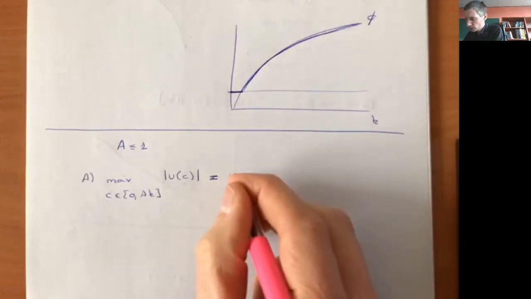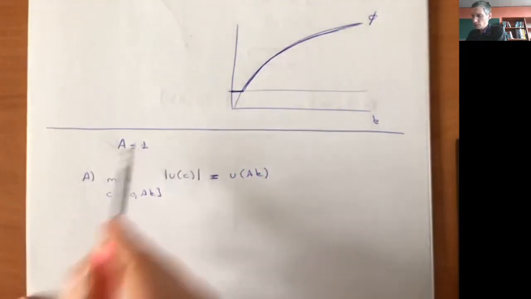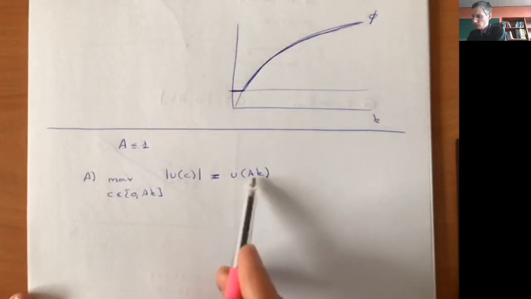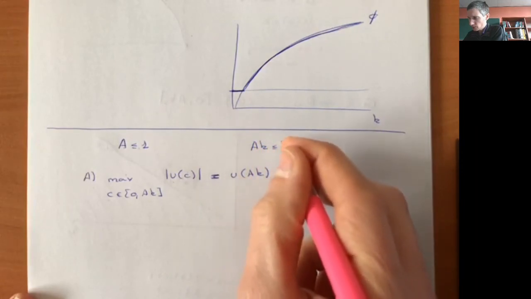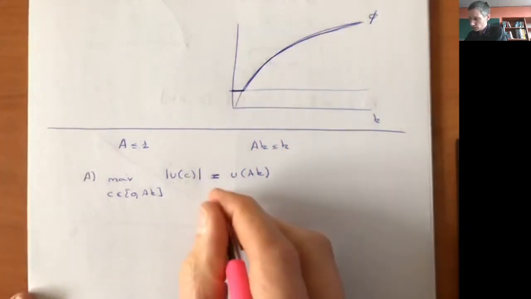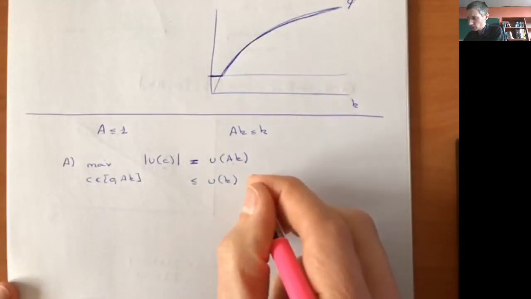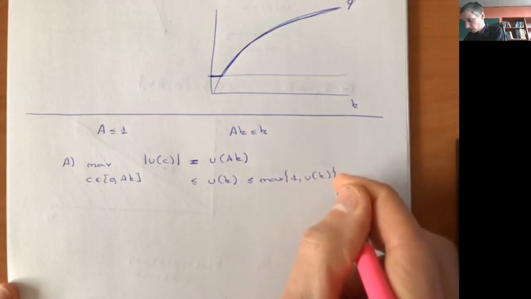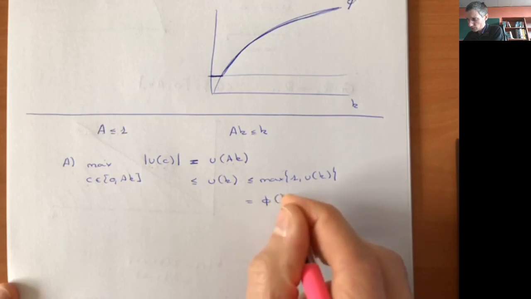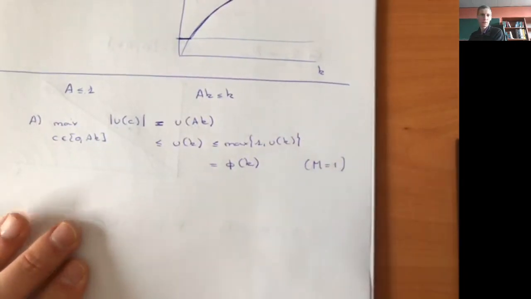So this is u(ak), and here a is smaller or equal to 1, which means that ak is smaller or equal to k, so this is less or equal to u(k). All right, and u(k) is smaller or equal to the maximum of 1 and u(k), and this is equal to phi(k). So this condition is satisfied here with M equal to 1. Okay, no problem.